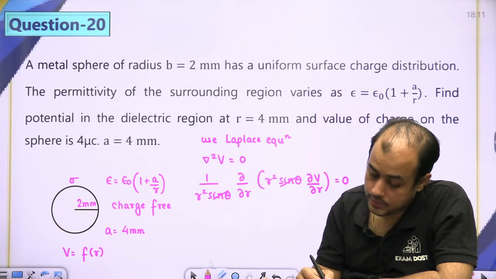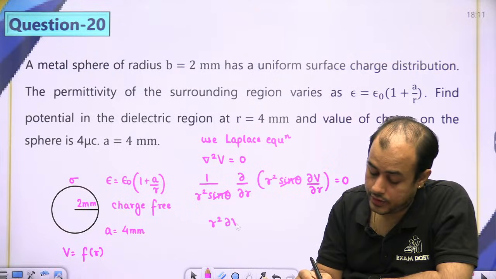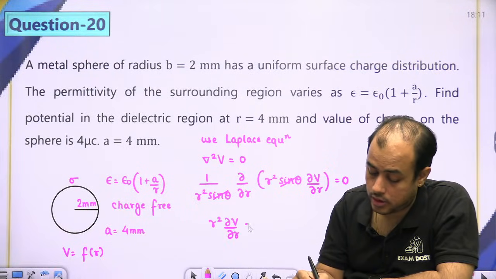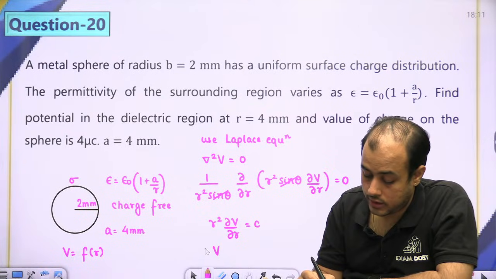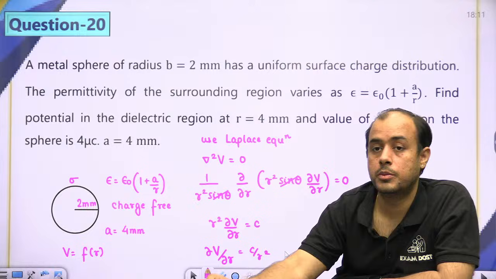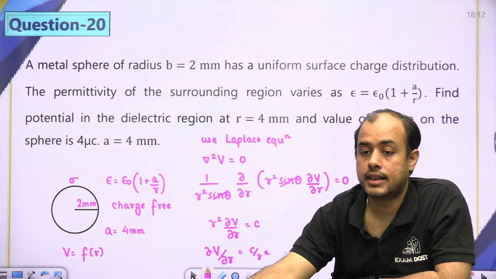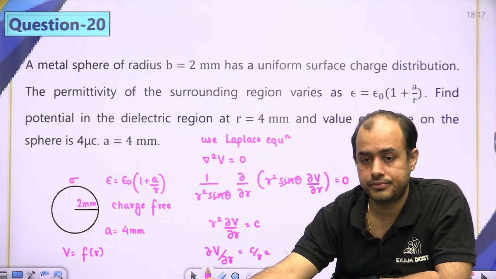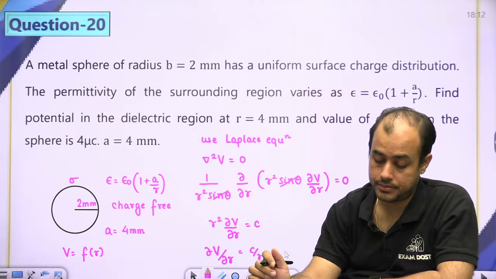You can say r square del v by del r must be constant. So del v by del r should be c by r square. ठीक है, del v by del r should be c by r square.